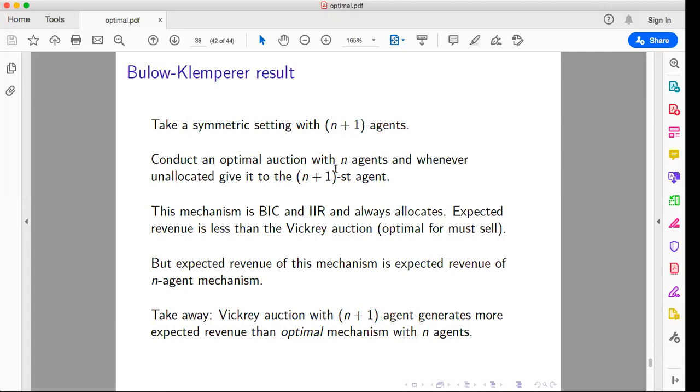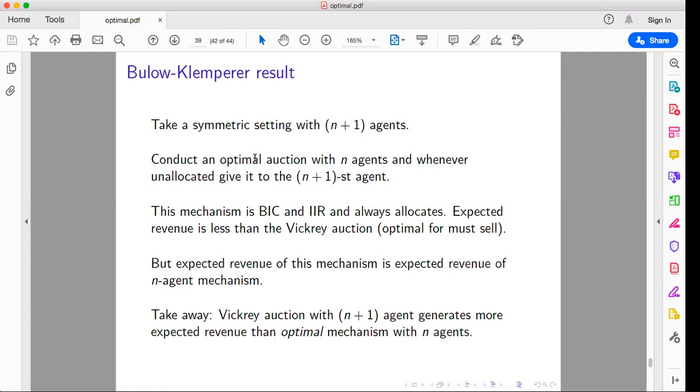So it's a suboptimal auction for the n+1 agents case, because if we had done the n+1 agent optimal auction, we would have set a reserve price and not allocated sometimes.